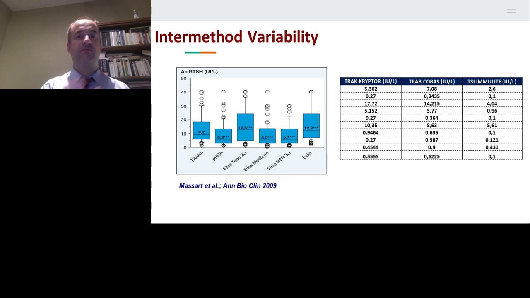And I think it's important for the monitoring of patients with Graves' disease, where the TSH receptor testing is really useful, to try to keep the same method or laboratory for the monitoring to avoid a bias from one method to another.